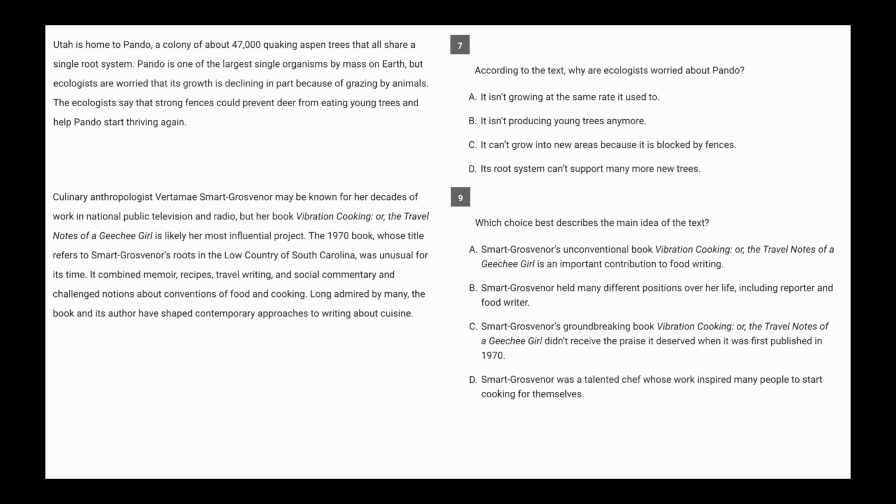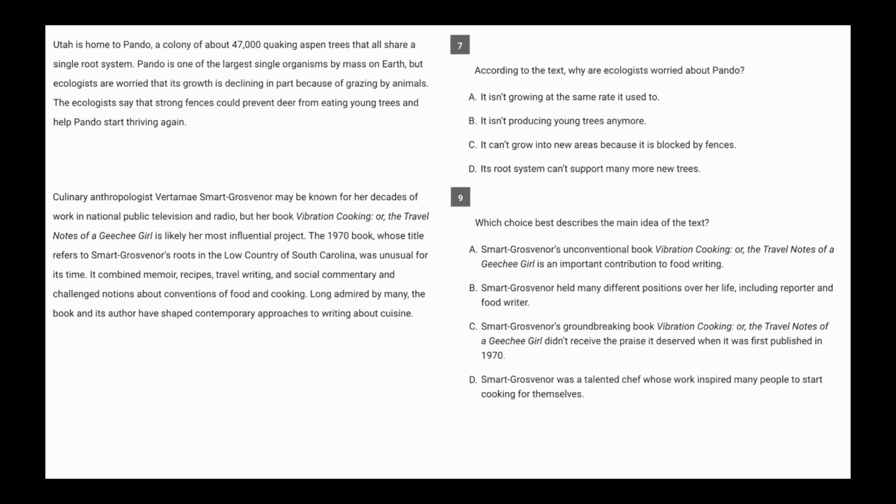It's being said only in the beginning of the passage. Is that even the main idea? No. And they say reporter. Maybe National Public Television means reporter, but that's also not 100% sure. So we can safely eliminate B because that's not the main idea at all.